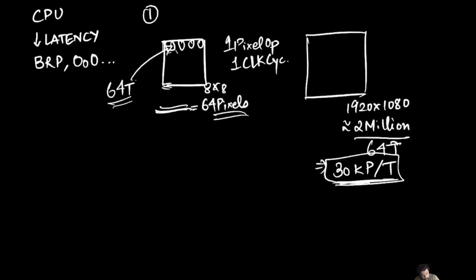But now, if one pixel is being processed, there are 29,999 other pixels waiting for the thread to be unlocked so that they can do their operation. This is called a serial bottleneck.